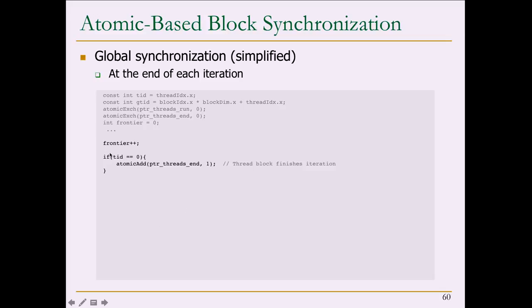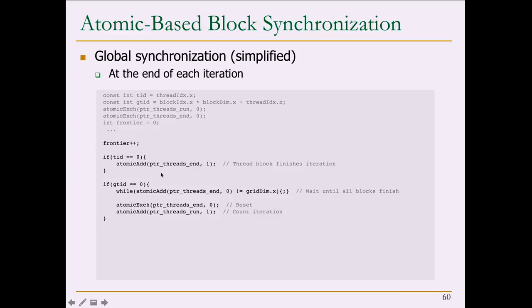So when we reach this global synchronization, the leader thread, TID equals 0, as you see here, TID is thread index, adds 1 to this atomic variable, and then it won't execute this part because this is only for the global leader.